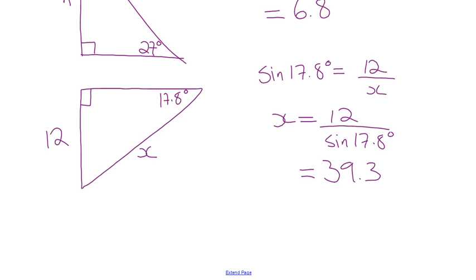You said round. You have 39.254, which is 39.3. Okay, let's go back to rounding school.